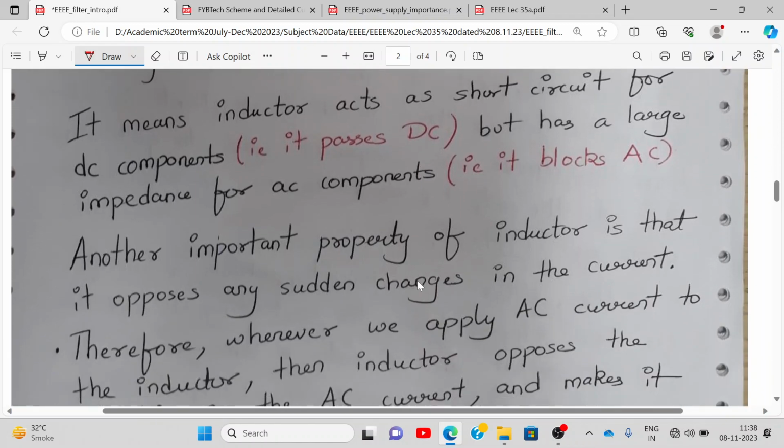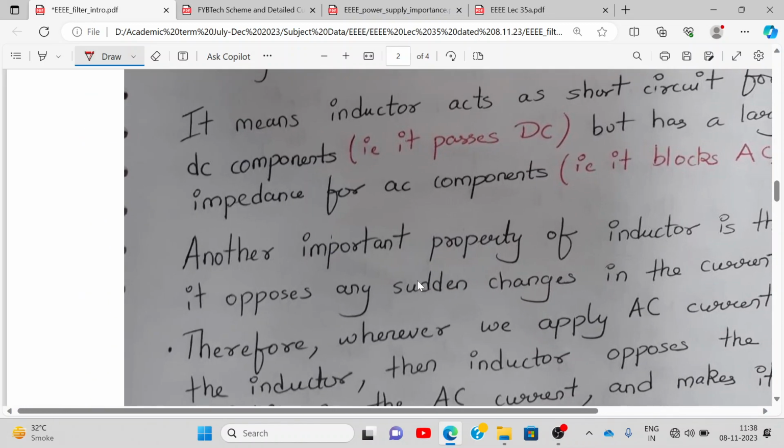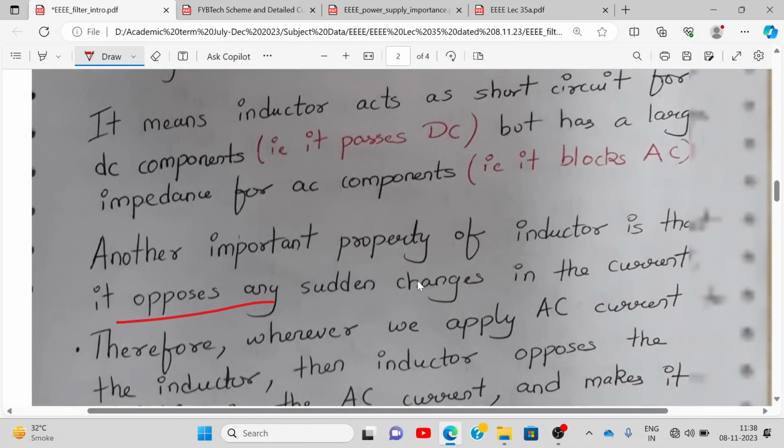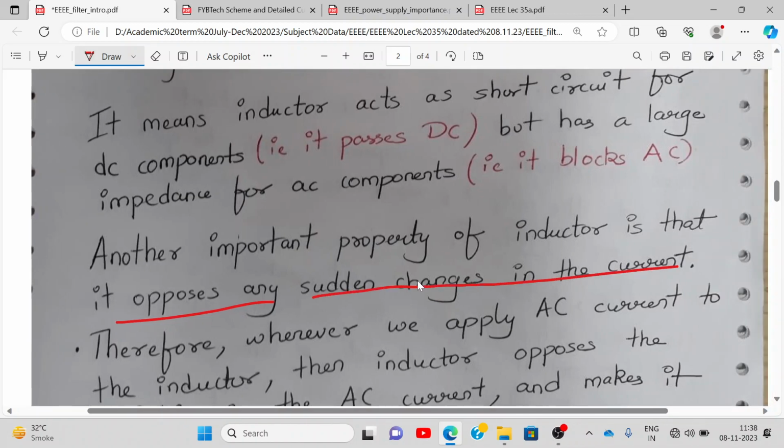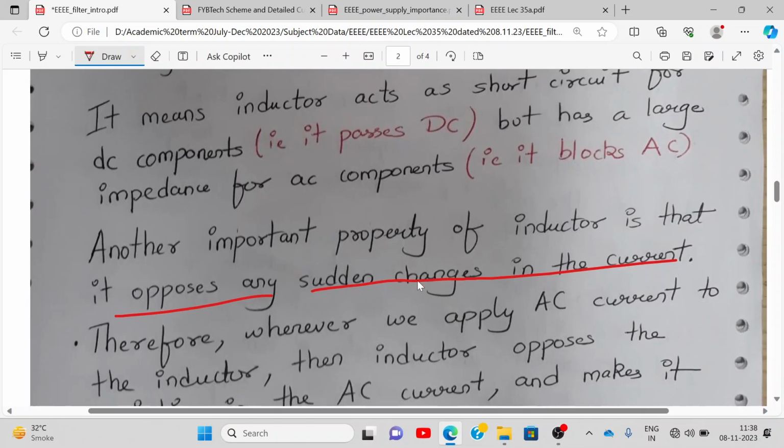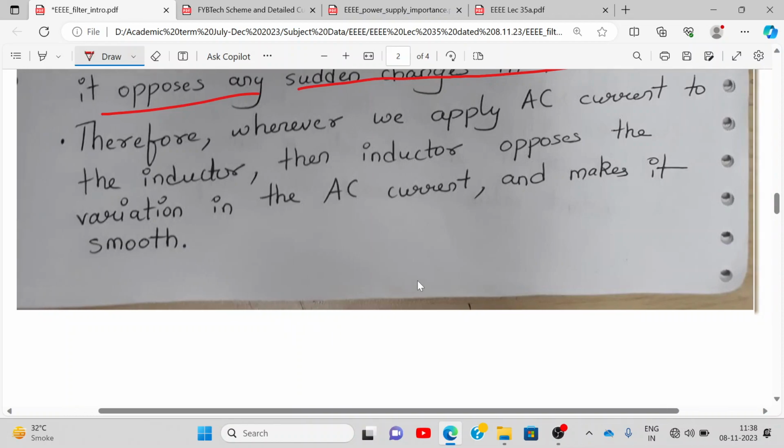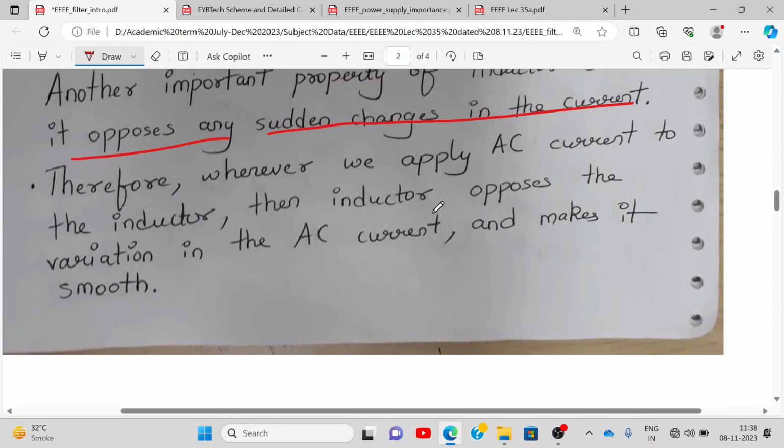Another property of an inductor is that it opposes any sudden change in current. Your transformer consists of an inductive coil, right? So it doesn't support DC, it only supports the AC component. Whenever you apply an AC signal to an inductor, the inductor opposes it.